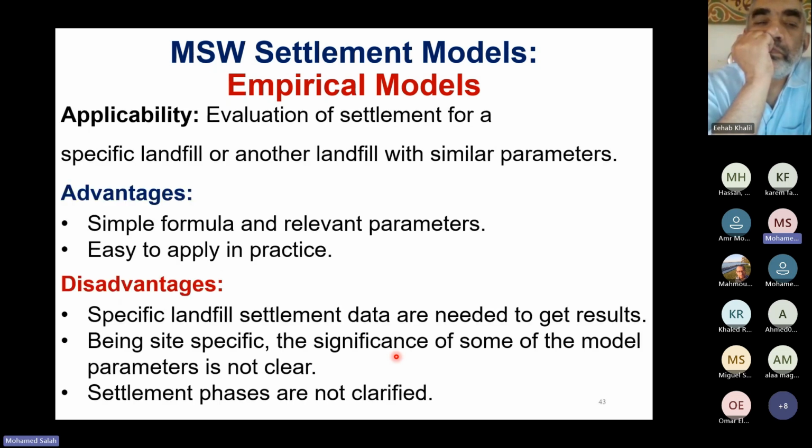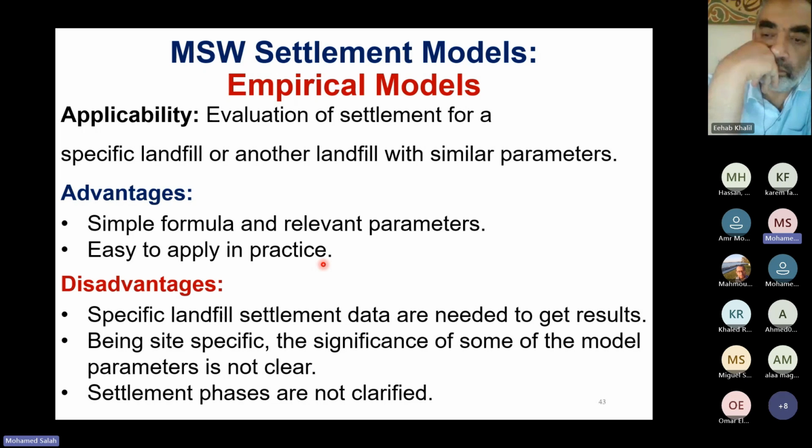Its advantage is that the formulas are simple and easy to apply in practice, which is very important because in practice, if you get a very complicated equation, mostly it won't be easy to get all parameters and it will be inapplicable. The disadvantage is that for sure specific landfill settlement data are needed to get results.